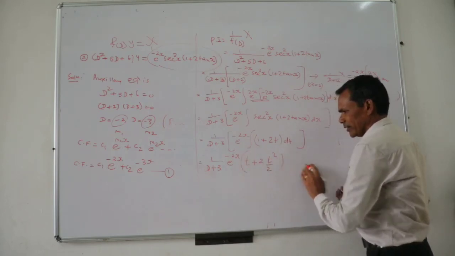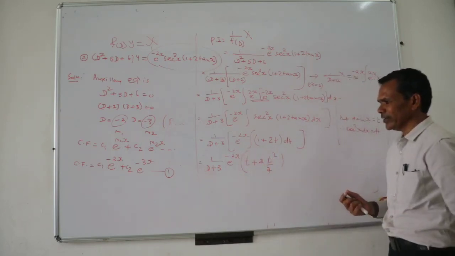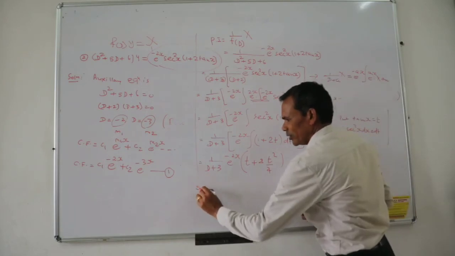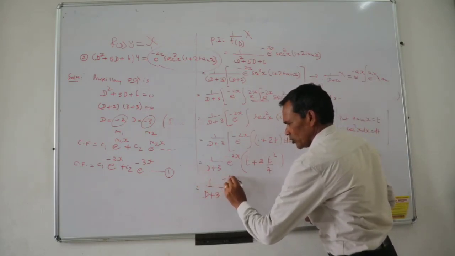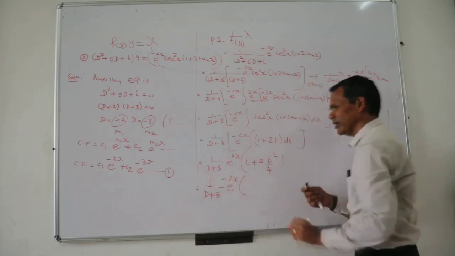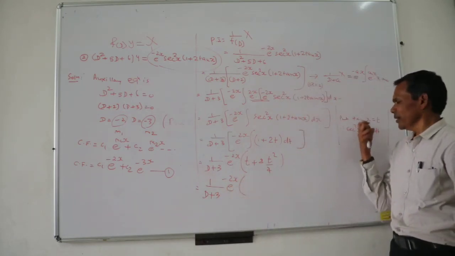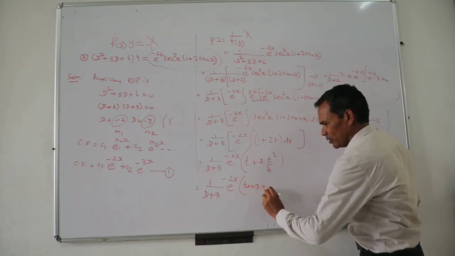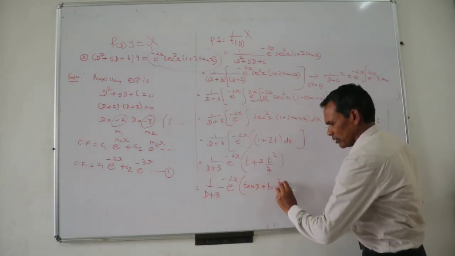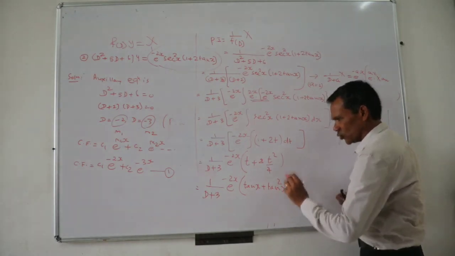So this 2 may be getting cancelled. I replace for this t, it is t plus t square inside the bracket. So t would be tan x from here, and it is tan x plus tan square x. T square means tan square x.